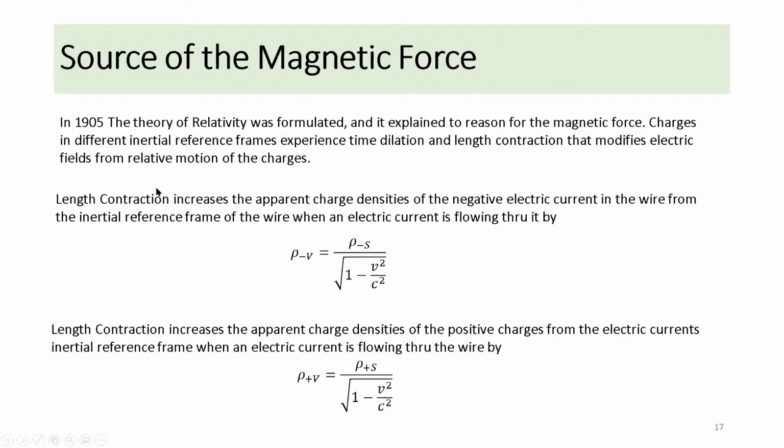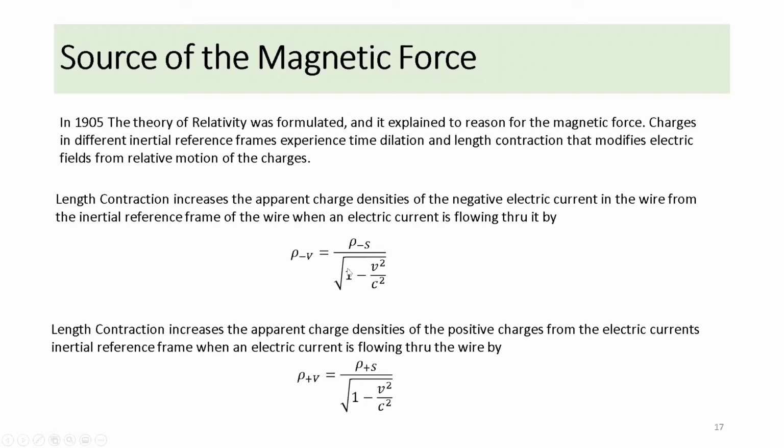Because really, once relativity was proven to be true in 1905, what happens instead is that when an electric current is flowing down the wire, it's experiencing time dilation and length contraction. And the length contraction that the electric current observes is this term here on the top, 1 minus the square root of v squared over c squared.